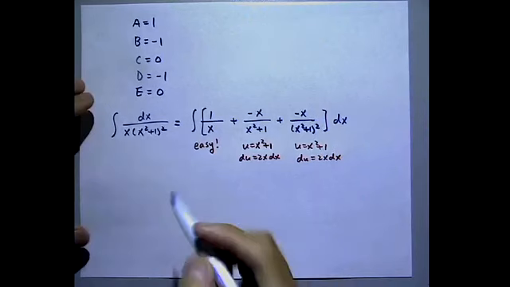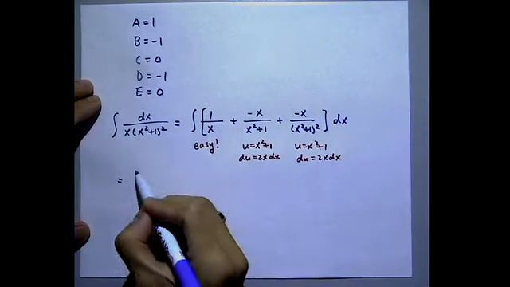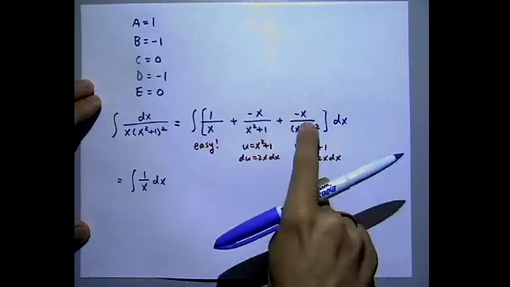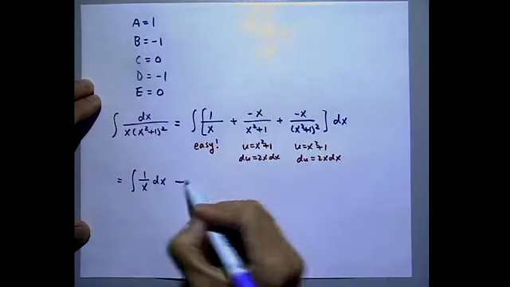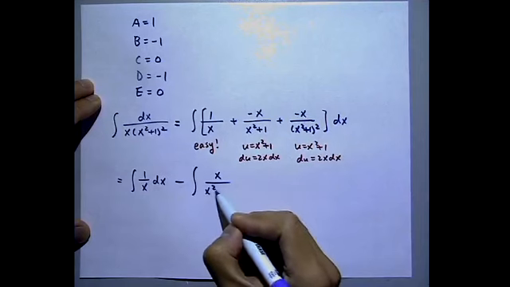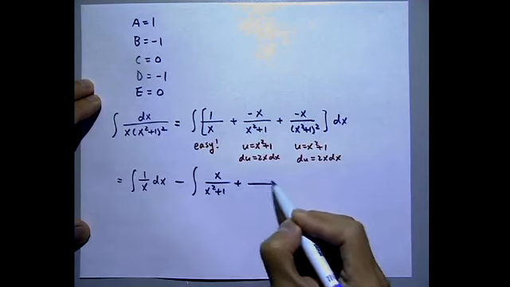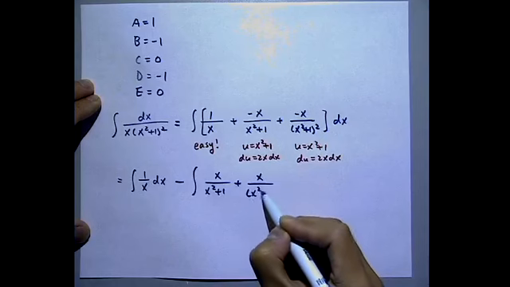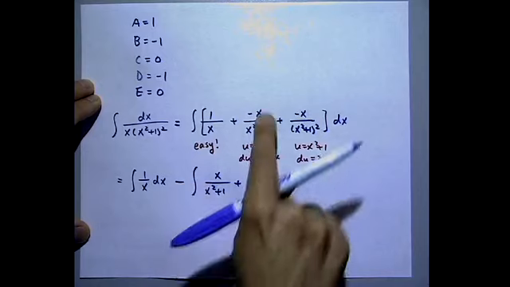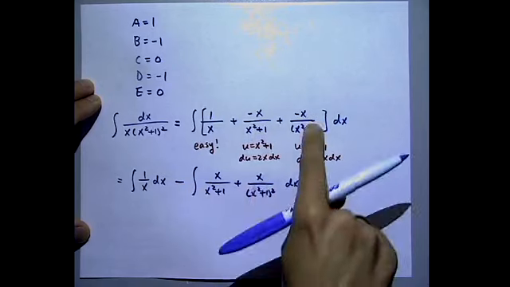So let's do this. Let's break this up into 2 integrals. They both have a minus sign. Let me factor that out. Right, so minus from here, and this also goes there.